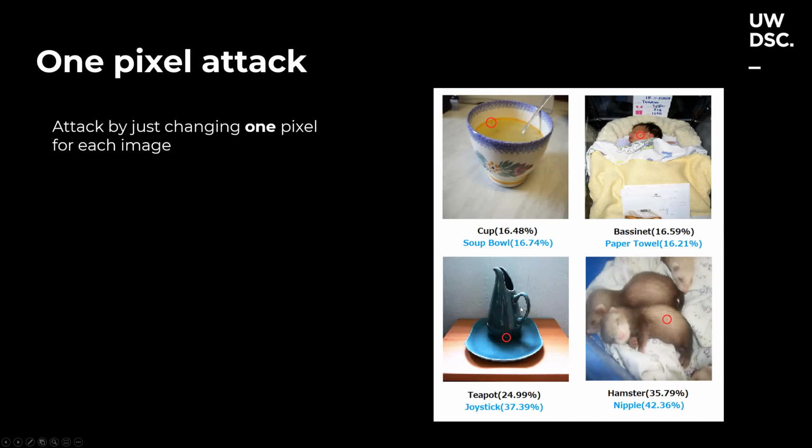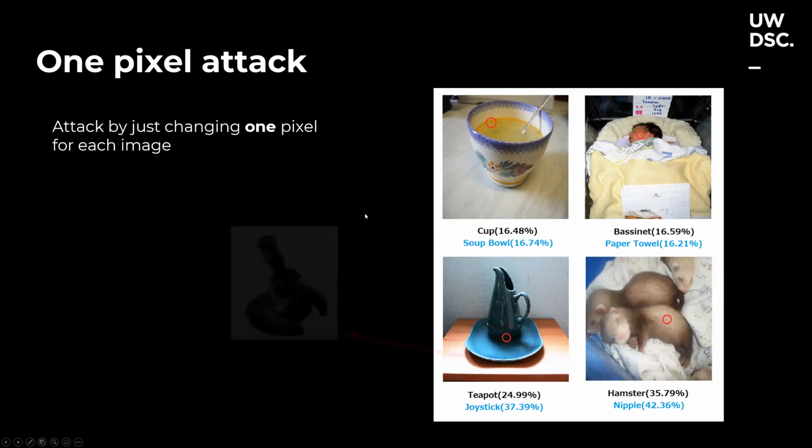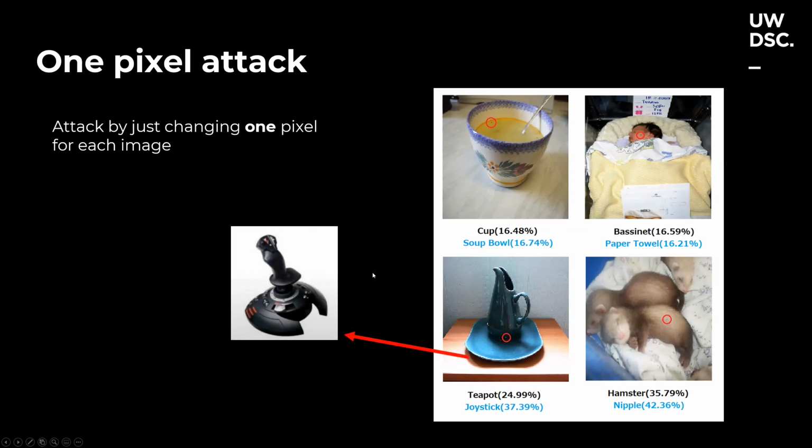So we can see here's a cup. We put a black dot in a red circle. It ends up as a soup ball. And for the left bottom one, we add one white signal, and it ends up being a joystick. And how is it possible to be a joystick? It is actually very similar if we look at it this way.